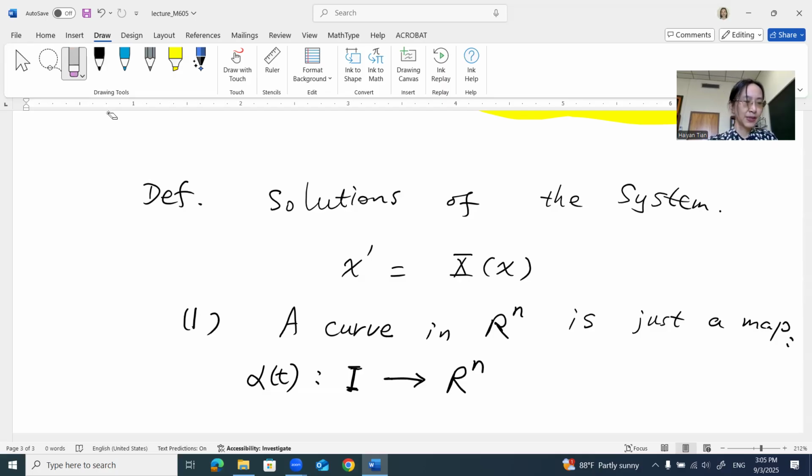If alpha is differentiable, then this curve is called a differentiable curve. So in order for alpha to be a solution, the first condition is that our curve alpha should be a differentiable curve.